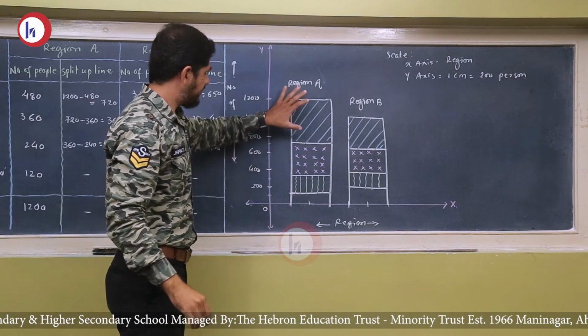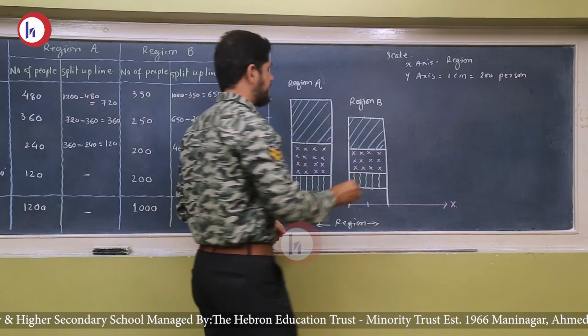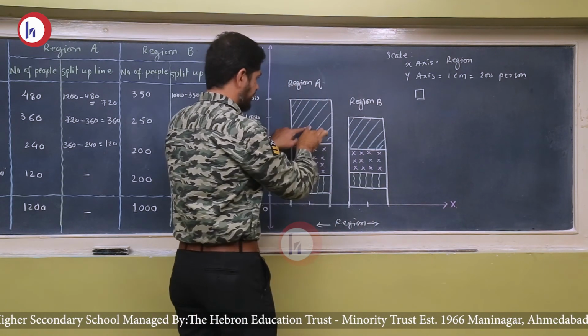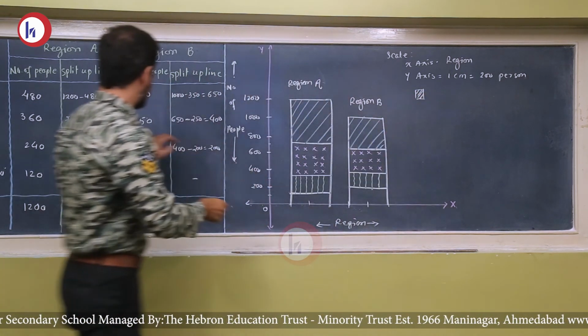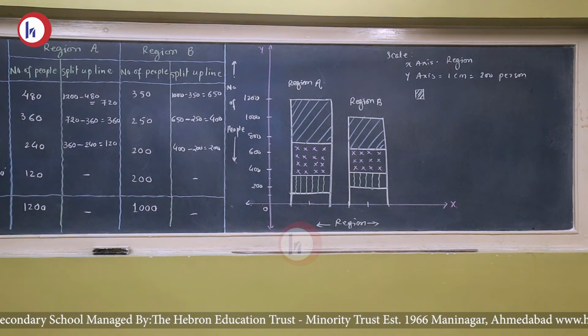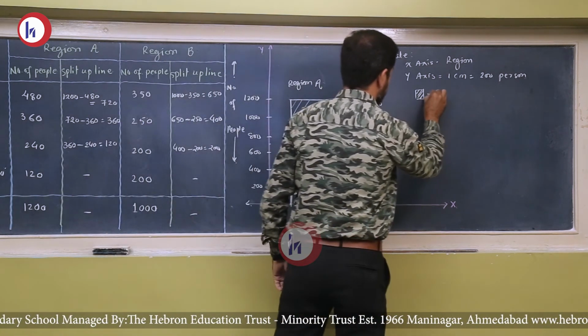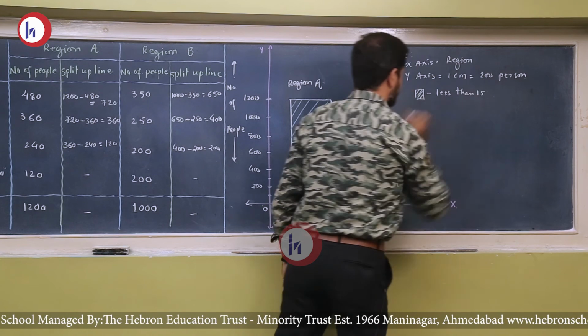Again we divide the bar graph into 4 portions. So let's represent all these blocks. The first one, the cross line, represents the ages less than 15.